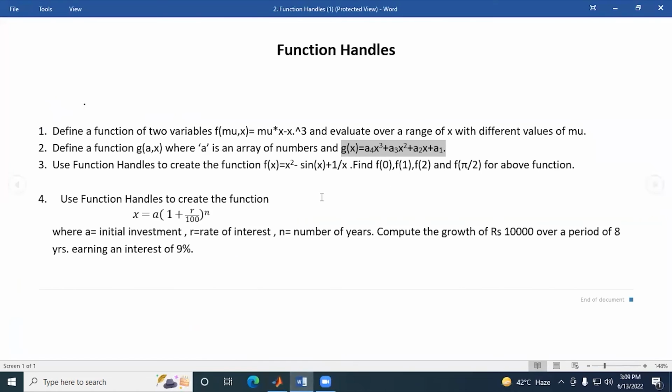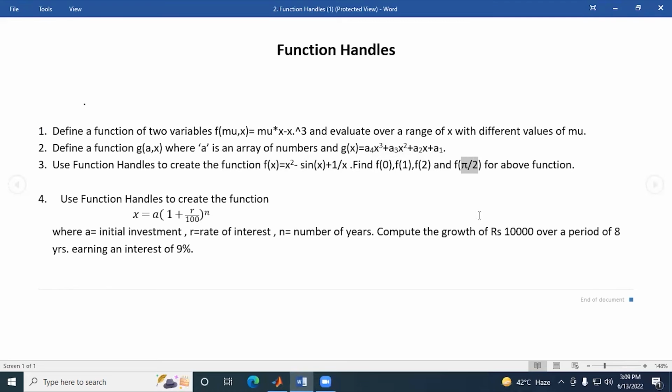So okay, second equation is also done here. Now use the function handle to create the function. This is your function. Now this is your function body. Now they are asking to put the value of x as 0, then 1, then 2, and lastly pi by 2.